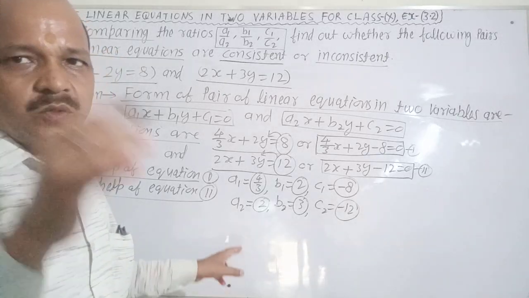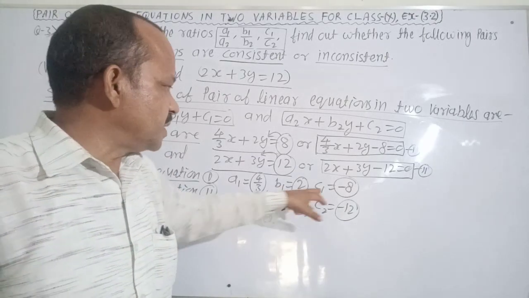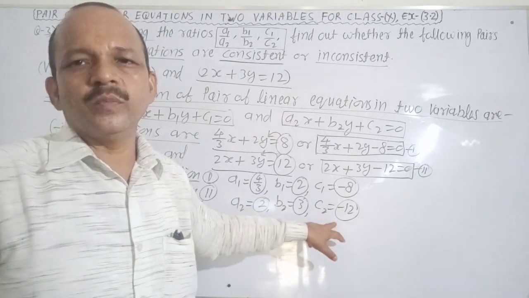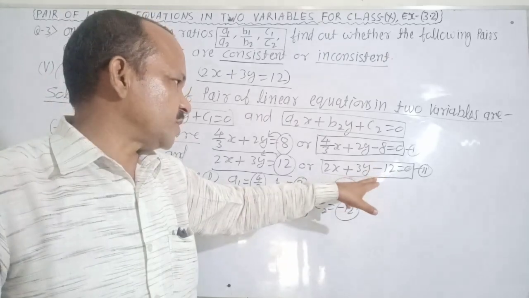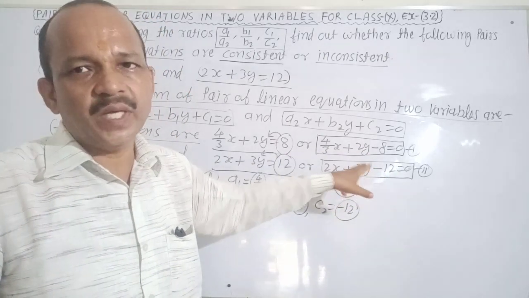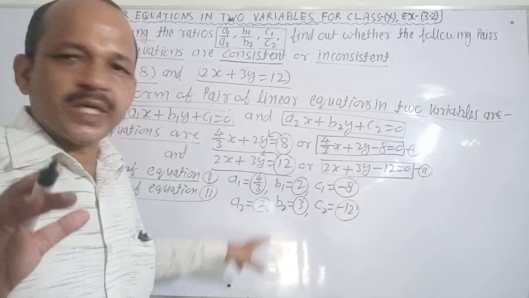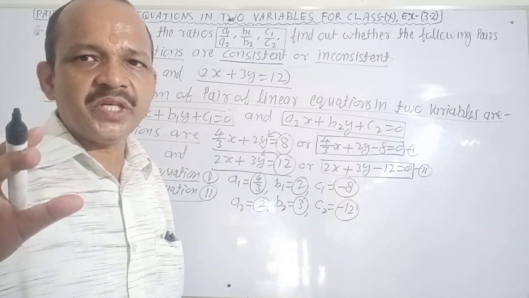You find the values of a1, b1, c1, a2, b2, c2 by the help of the two equations, equation first and equation second. It is clear? No confusion about it? Very good.